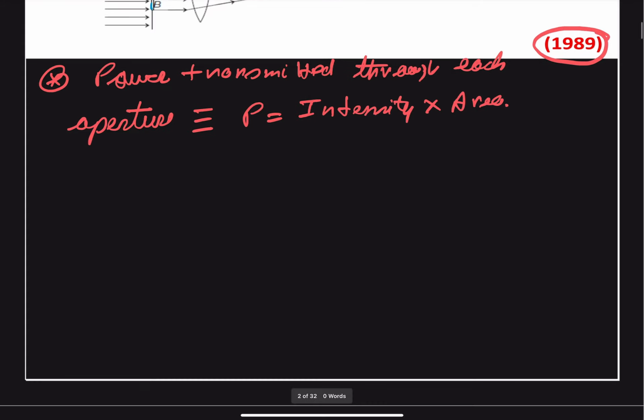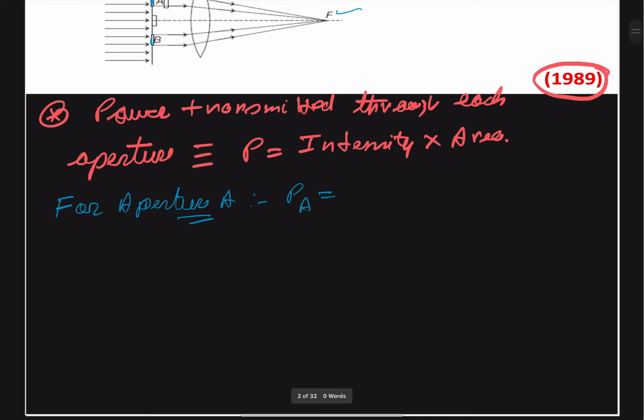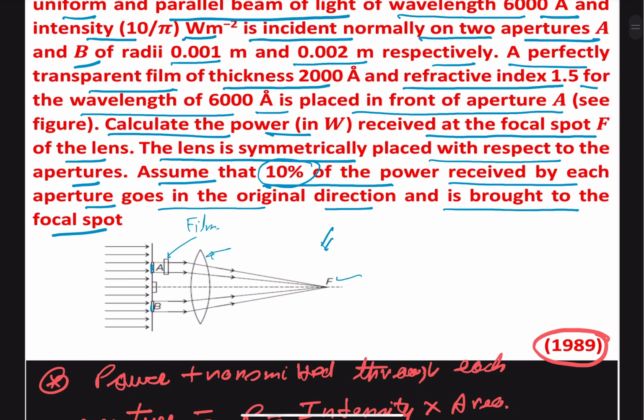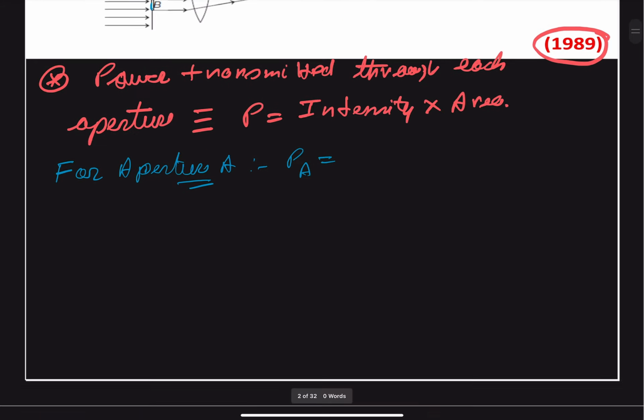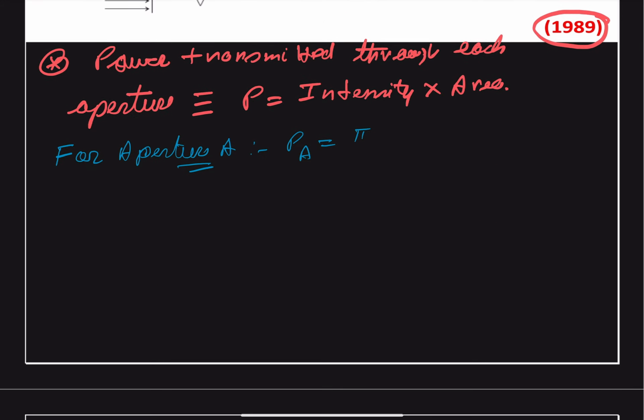For aperture A, PA will be equal to intensity received by A times the area of A. Intensity received by A is 10 upon pi, and its area will be equal to pi RA square.